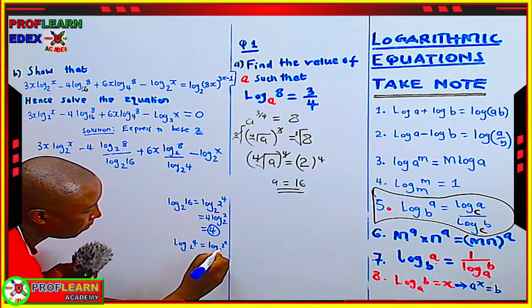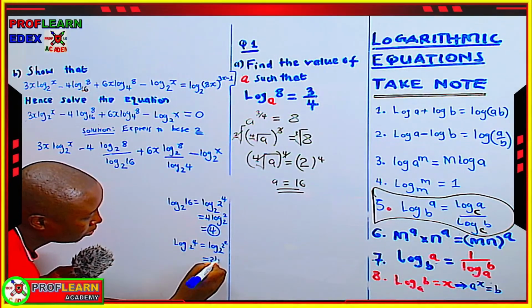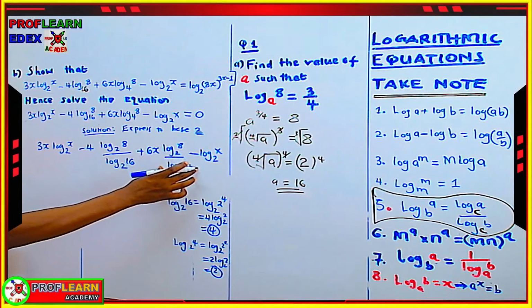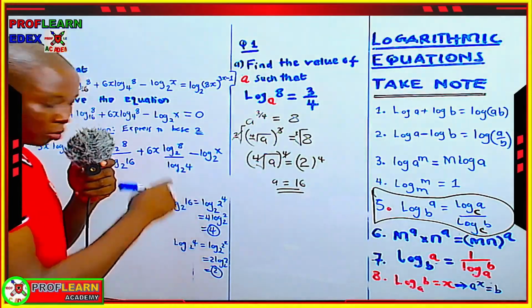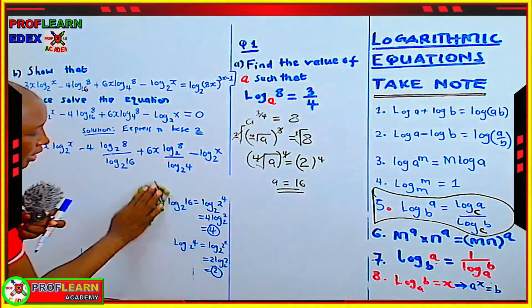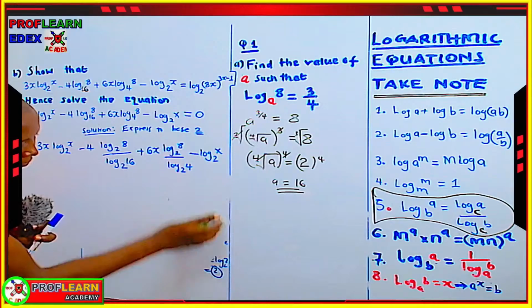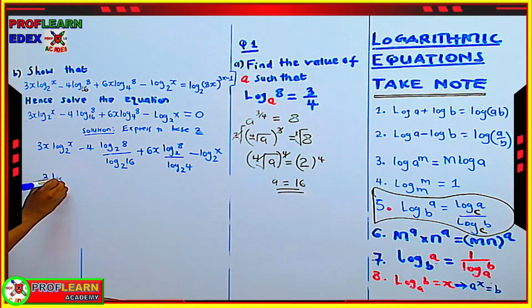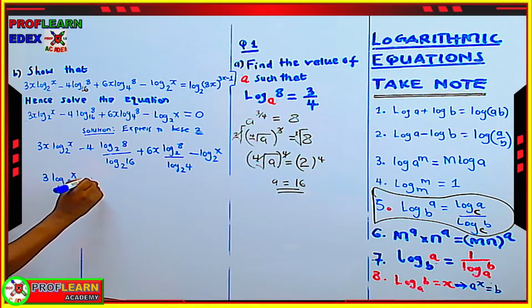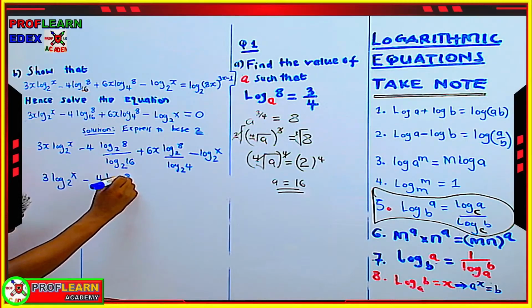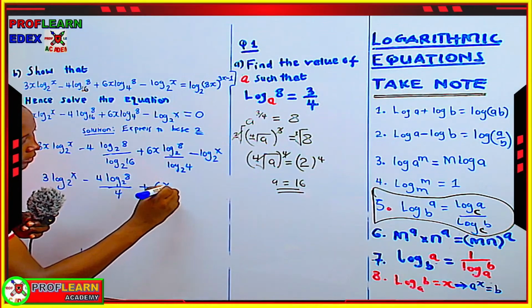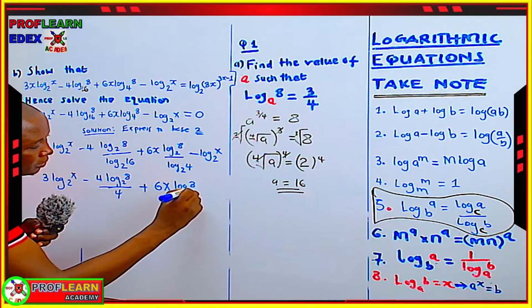We need to go further, and in that way we can say, let me put the like terms together, because we can say 3x log x base 2 minus log x base 2, this and that, and then plus 3x log 8 base 2 minus log 8 base 2.